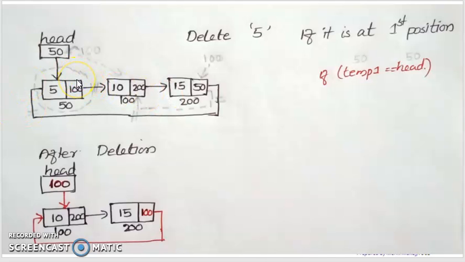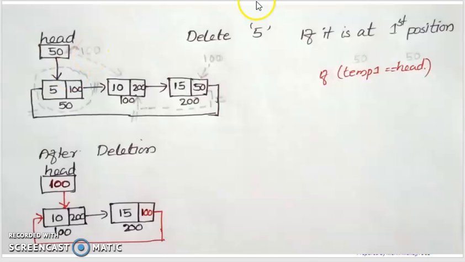In that case we have to make some changes, and if the node which contains the data element to be deleted is at the end, then we have to make another set of changes, and if it is somewhere in between, then another set of changes. So three sets of changes are to be done on the basis of the position of the node. For that purpose, we are finding whether it is at the first position, at the end, in between, or the one and only node itself.